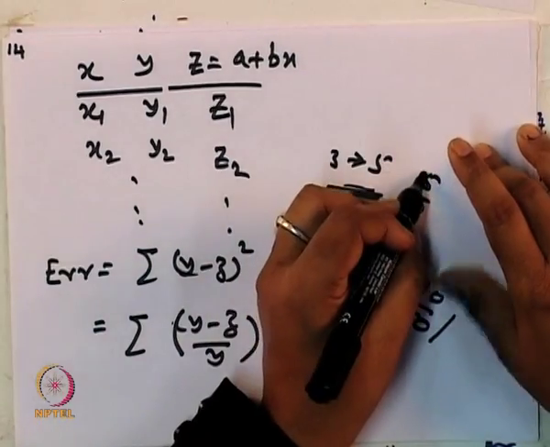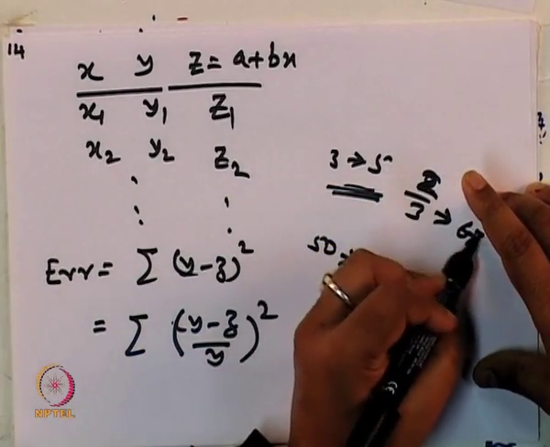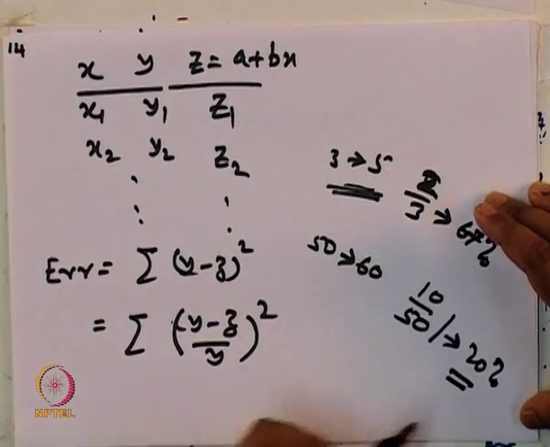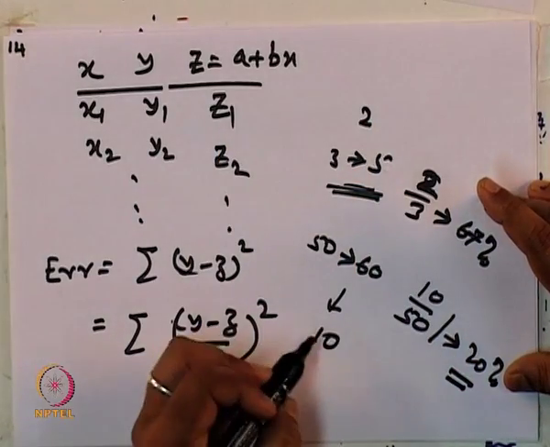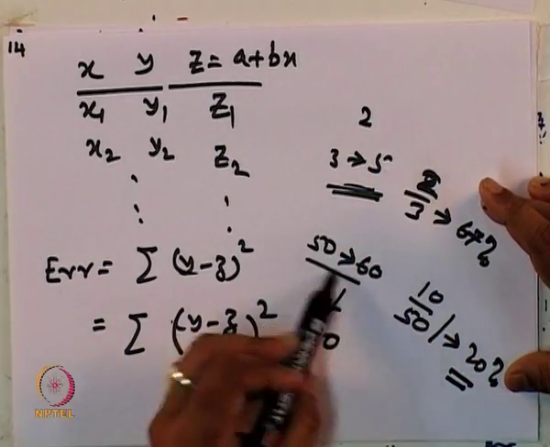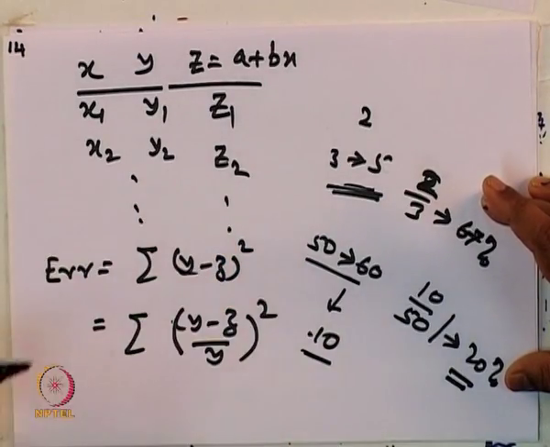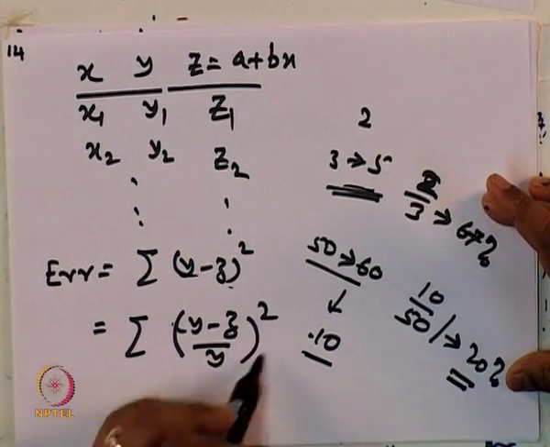So, here your error is 2 by 3, so this is 67%, and here it is 20%. Earlier you were comparing this jump of 2 with this jump of 10. So, in that case your data will be much better fit in the latter portion, because this error is getting a much greater weightage in this expression. Okay. So, this is one way to normalize.